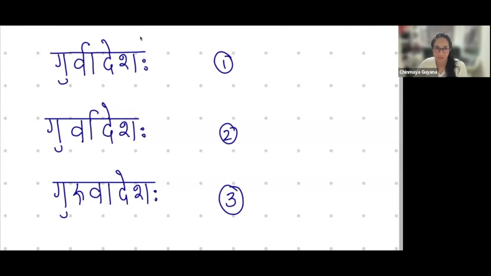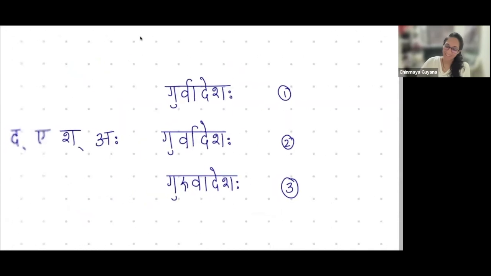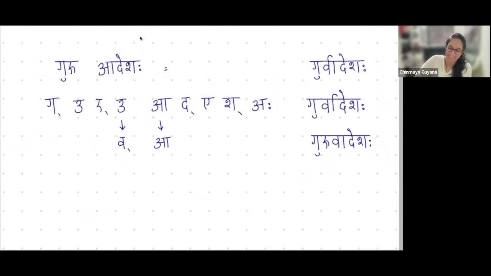And who got something totally different? That is why I was saying we have to take our time and write it together. You see? The word is going to be gurvadeshaha. Now you have to think in syllables.